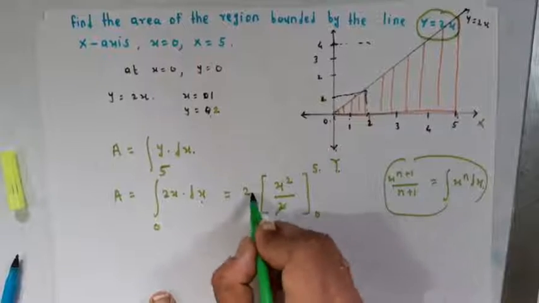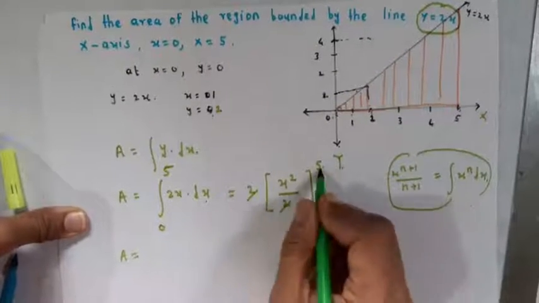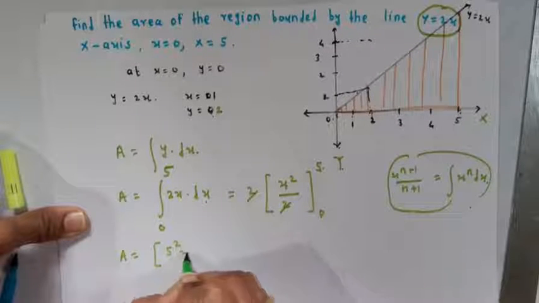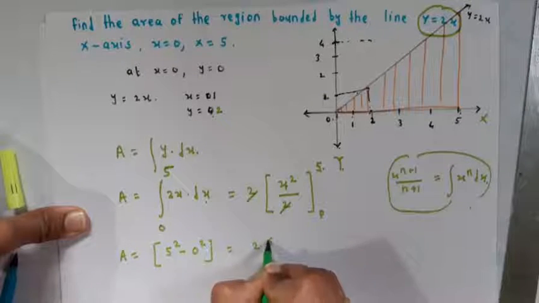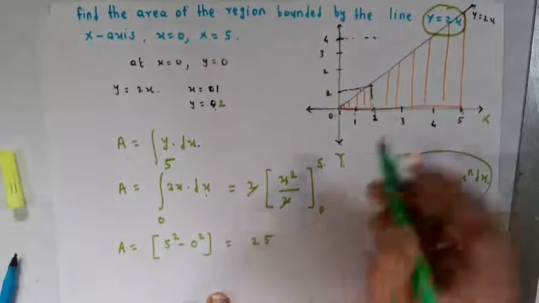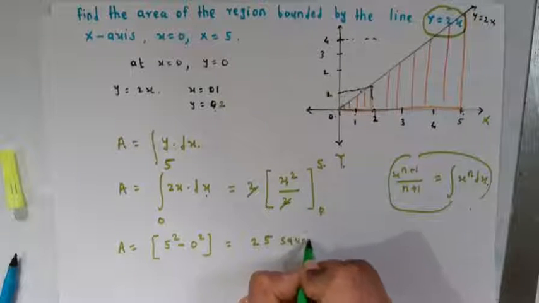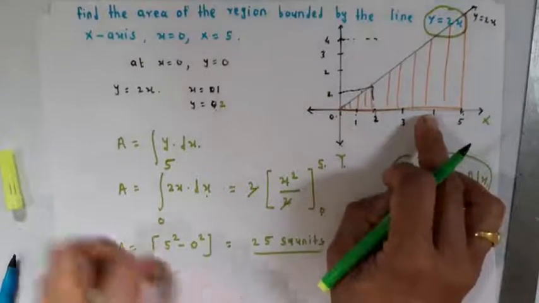So the 2s get cancelled, and area equals upper limit 5 square minus lower limit 0 square, and this is equal to 25. So the required area is 25 square units.